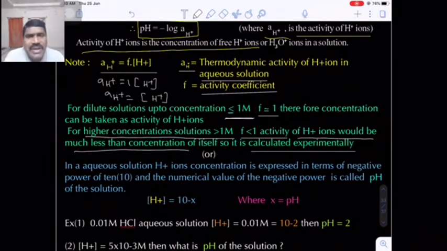But for dilute solutions, the activity coefficient is arbitrarily assumed to be unity. That's why the activity of hydrogen ion is nothing but the molar concentration of H plus ion.